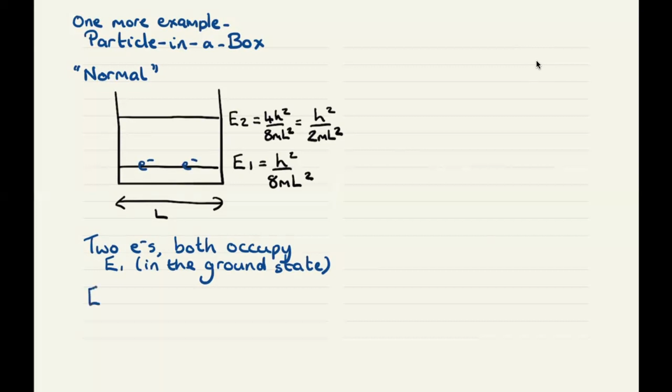And so the energy of the ground state of our 2 electron system will be twice h squared over 8mL squared in the simple band picture. And then if we want to incorporate the electron-electron Coulomb interaction, we'll have to remember to add U to that after the fact, after we've worked out the energy with our usual energy level diagram. So it's going to be h squared over 4mL squared plus U.